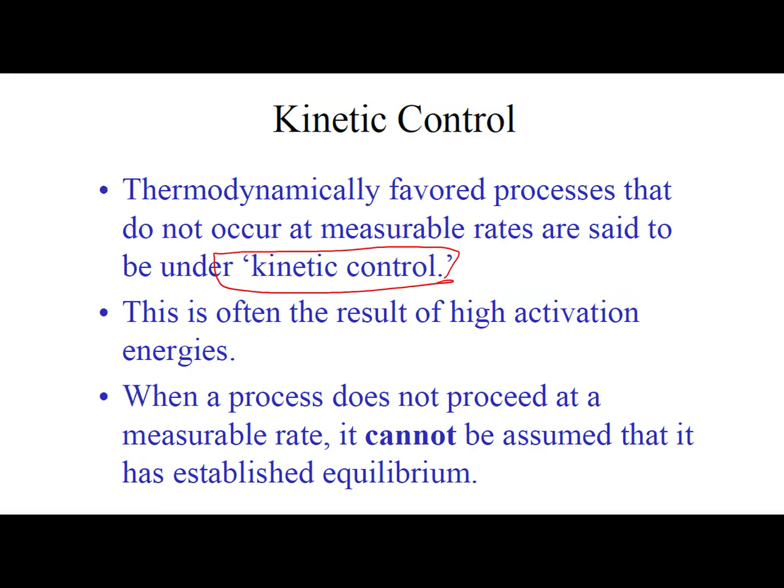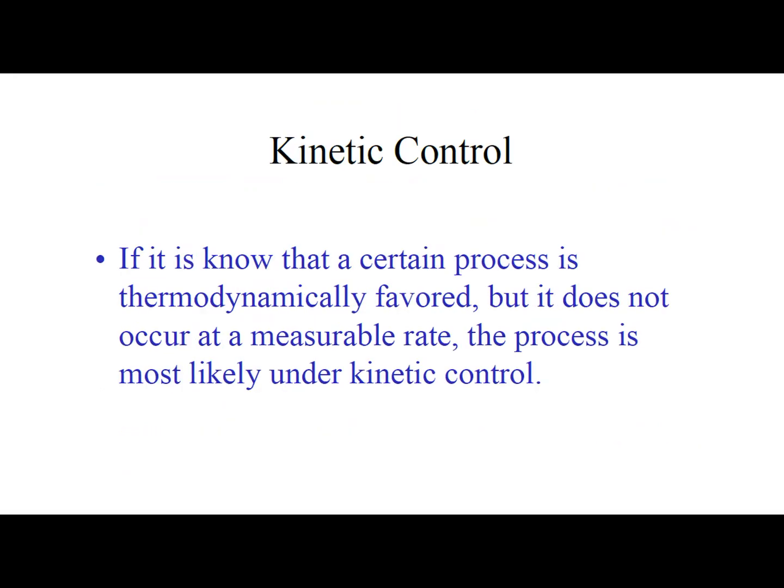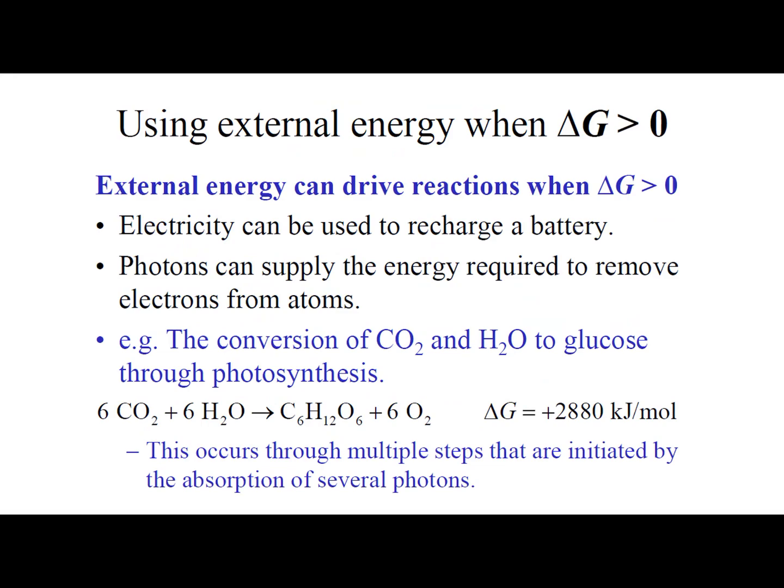And so the process may be exothermic, but have a very high activation energy. And if it's known that a certain process is thermodynamically favored, but it does not occur at a measurable rate, then you can safely assume that the process is most likely under kinetic control.